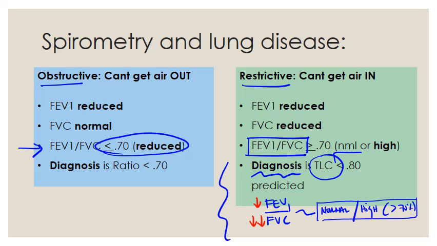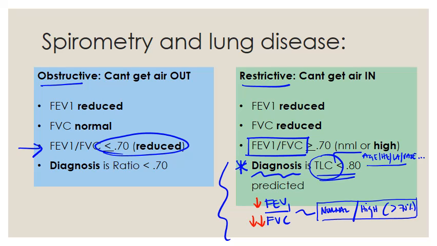So based on somebody's age, height, weight and race, and the other determinants of lung volume that we've talked about previously, we're able to calculate a predicted total lung capacity. If somebody has 80% or less, I should say, let me correct myself, if somebody has less than 80% of a predicted total lung capacity, then they have a diagnosis of restrictive lung disease.